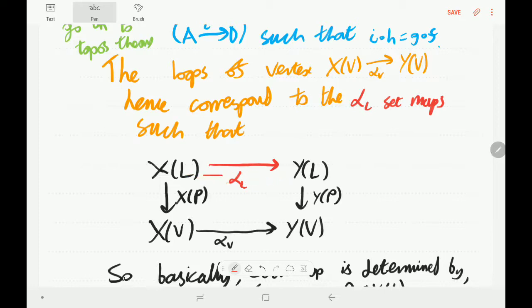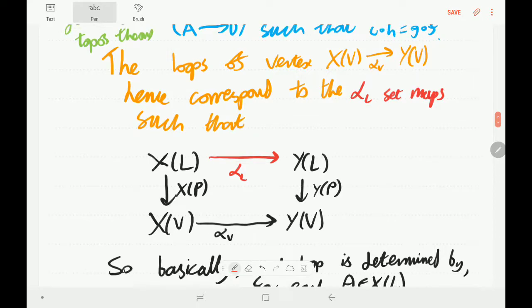And if you do that for every vertex, that'll make one of these alpha L's here, and that'll correspond, thinking about the exponential object, to one of the loops on that vertex.